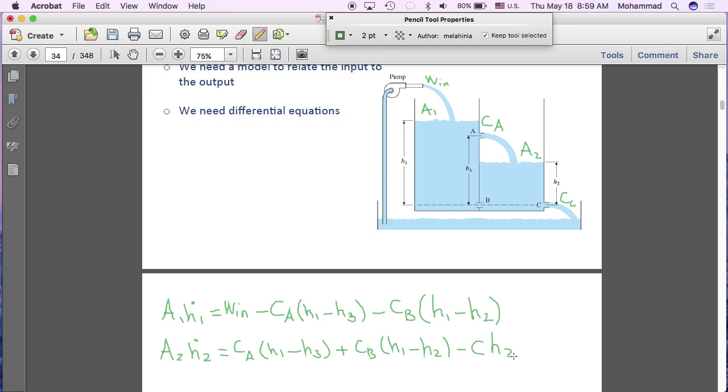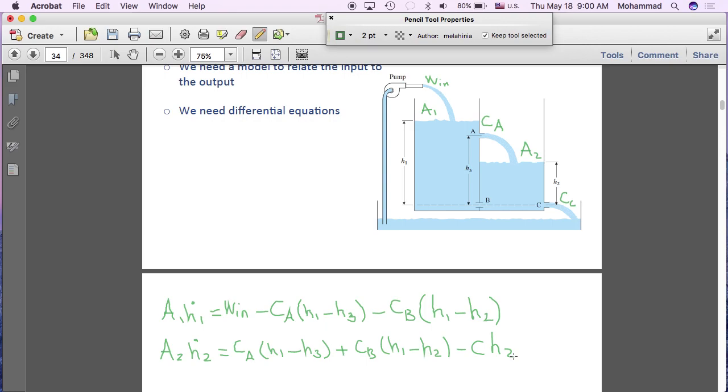There wouldn't be any flow through CA, unless H2 is more than H3. Do you see that possibility? So how should we generalize our equation? We're looking for a mathematical way of capturing this information. What information?